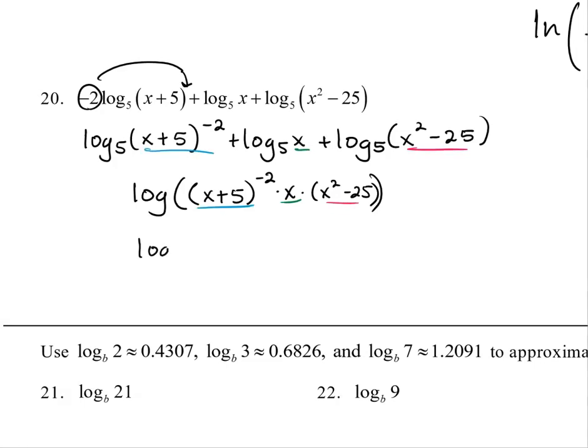I'm going to rewrite that first one. Make sure I put my base of 5 on these logs. I'm going to rewrite the first one so that it's not having a negative exponent. And to do that, I'm going to put it in the denominator.